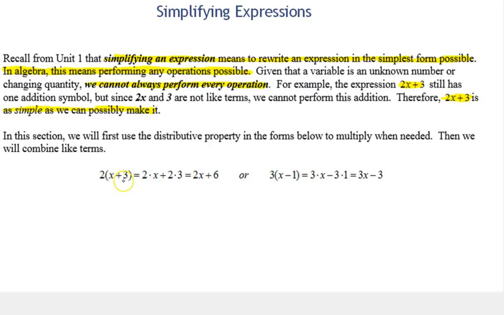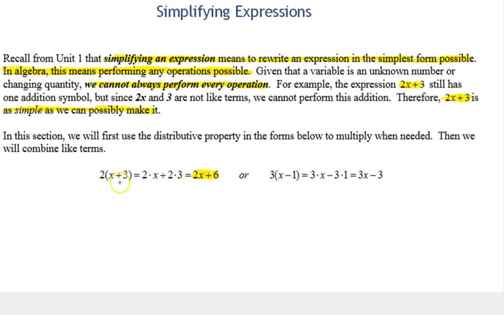We don't know what x is, so we can't perform this addition first. But we learned using the distributive property that we can distribute the 2 to the x and the 3, multiplying 2 times x plus 2 times 3, multiply the results, and we have 2x plus 6. So we would consider 2x plus 6 to be the simplest form.